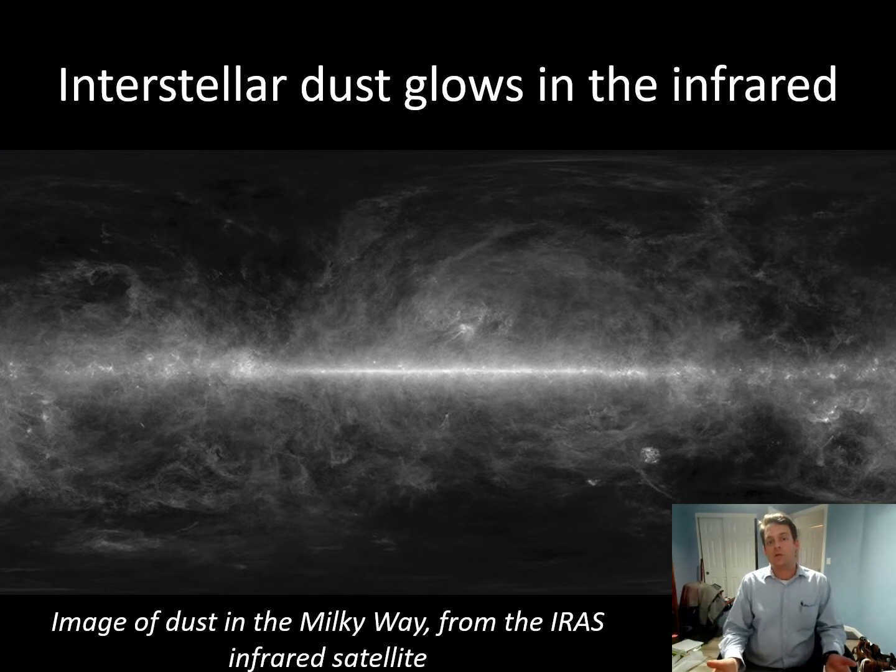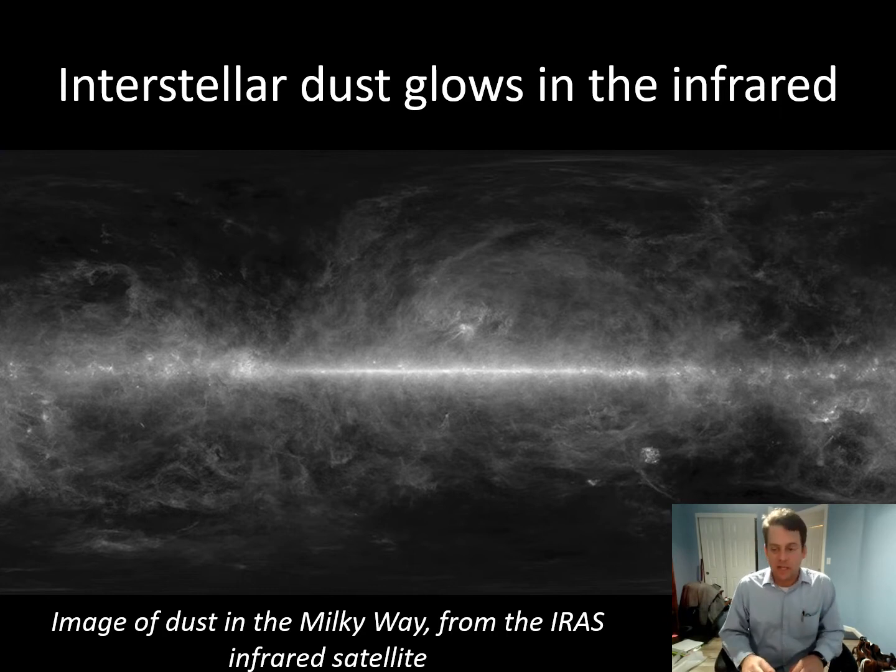So now that we know that interstellar dust glows in the infrared, we can do something that's kind of cool, which is look at our own galaxy in the infrared. So we just look out at the galaxy and then filter out the visible and ultraviolet parts of the spectrum, leaving just the infrared.